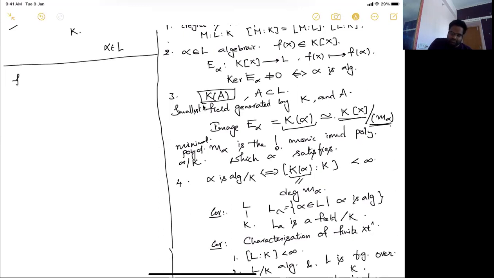So suppose f is of the form a0 plus a1 x plus a2 x squared plus up to an x to the power of n.